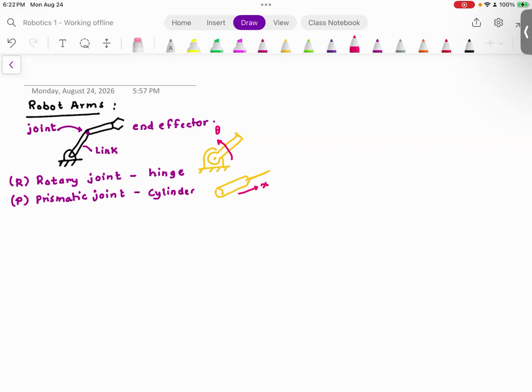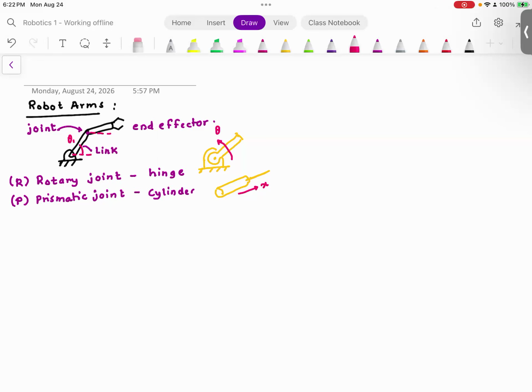So you would have multiple links and joints. For example, if you have a robot arm, you can have a rotary joint, you can have a reciprocating joint. The important thing here is, how do we find out where the robot is based on the joint angles? So imagine that you have a robot. For example, I'm showing you this robot. This robot joint is θ1.